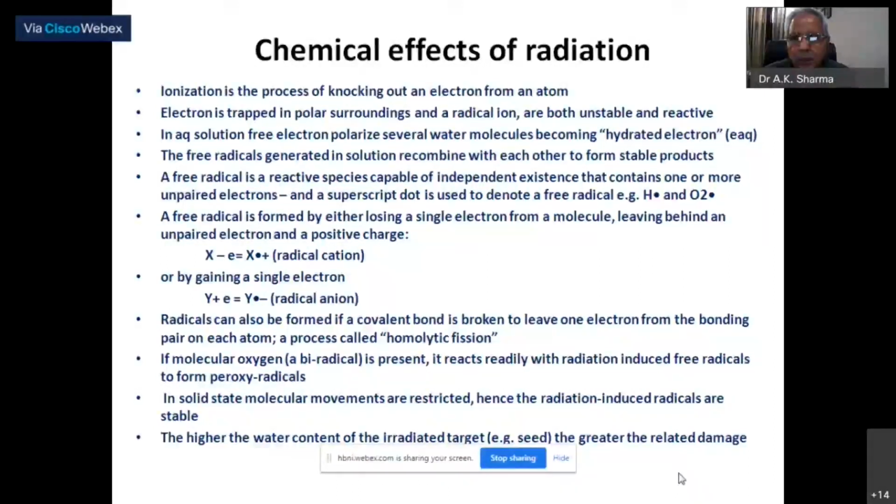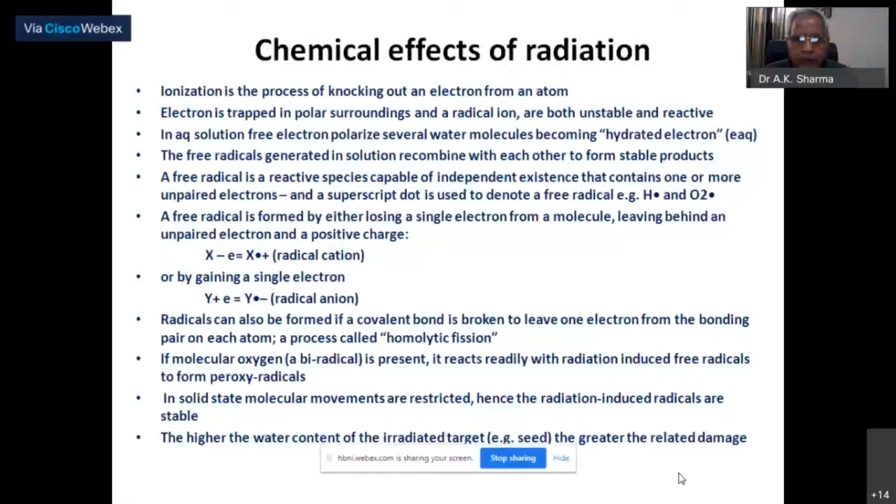They could be H dot or O2 dot. When this dot is there, that means it is a free radical. And if there is a charge associated with it, for example, if a positive charge is associated with, say, X dot plus, that is a radical cation. If a negative charge is associated with the radical, then it is a radical anion.